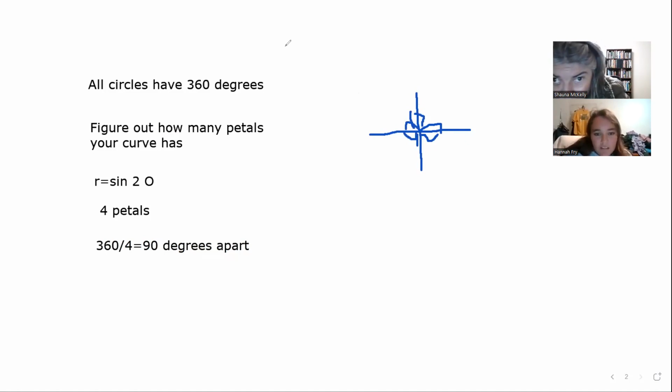Let me show you that. Let me erase this, because that's the other thing you have to consider: yes, they're 90 degrees apart, but where do they start? Let me show you this so you can see it, because it's easier to see on the graph.